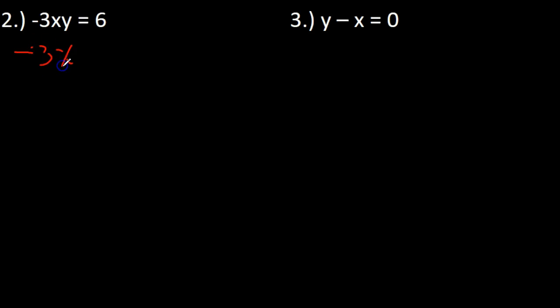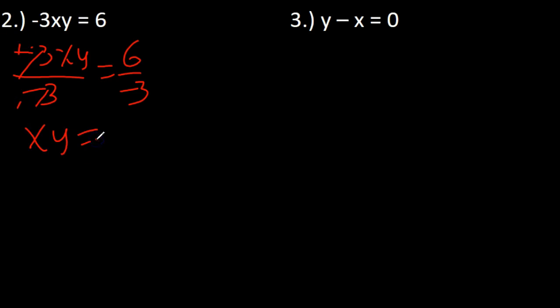So we divide both sides by negative 3. So we have xy equals negative 2, because 6 divided by negative 3 is negative 2.